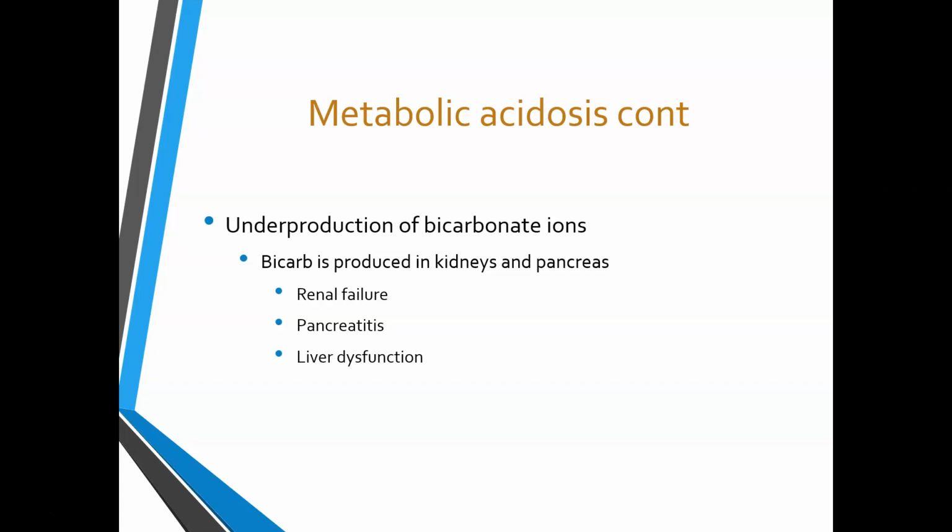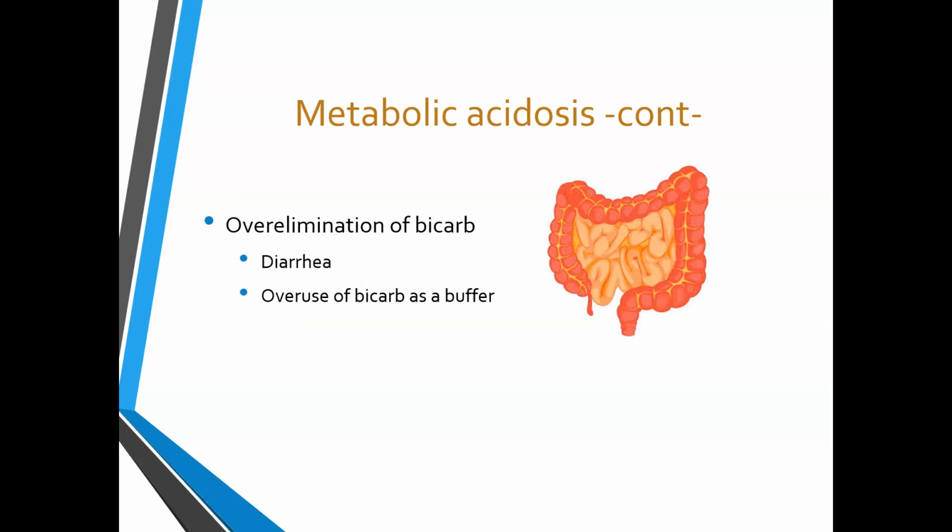Bicarb, again, is produced in the kidneys and pancreas. So if your patient has renal failure, pancreatitis, or liver dysfunction, this patient is going to be at risk for metabolic acidosis. As well, in the over-elimination of bicarb through excessive diarrhea and overuse of bicarb as a buffer.